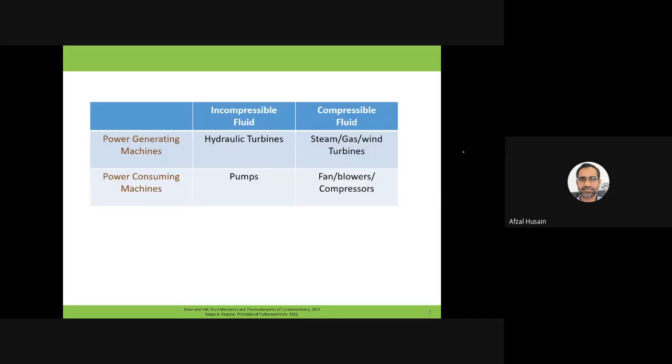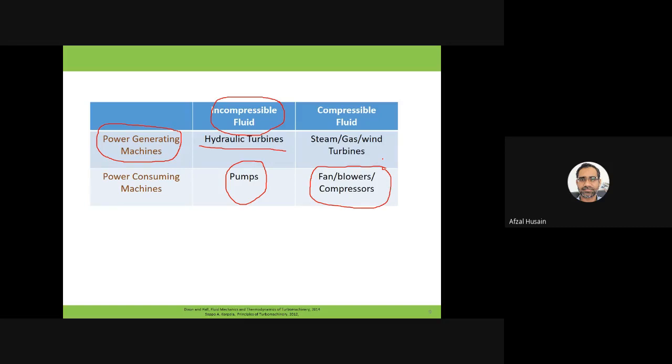Okay, now moving forward. There are some power generating machines and some power consuming machines. The power consuming machines are pumps, fans, blowers, and compressors. When we deal with incompressible fluid, it becomes a pump. When we deal with compressible fluid, we call it a fan, blower, compressor, etc. For the power generating machines, when it is incompressible fluid, then it is mostly hydraulic turbines.